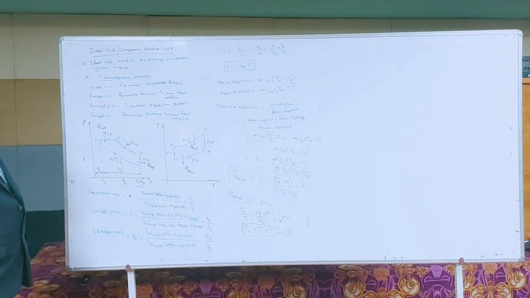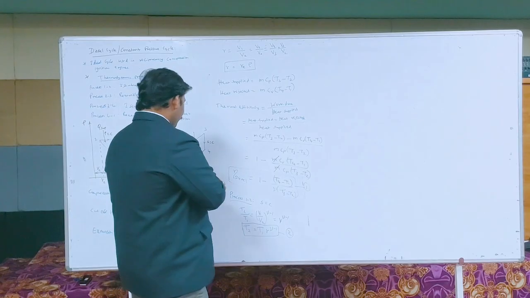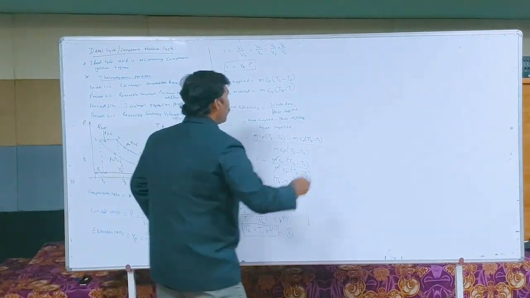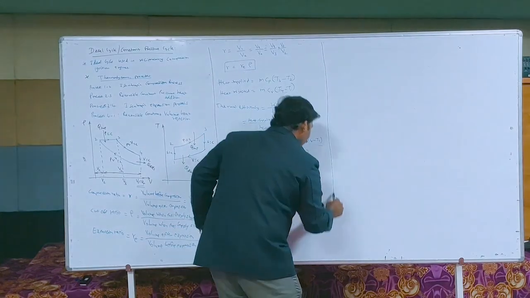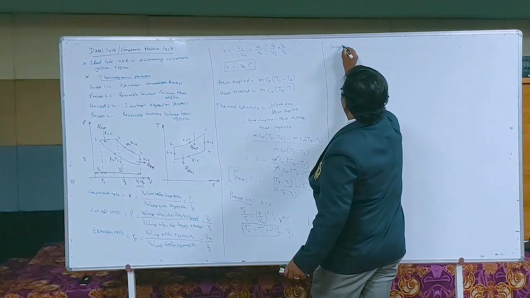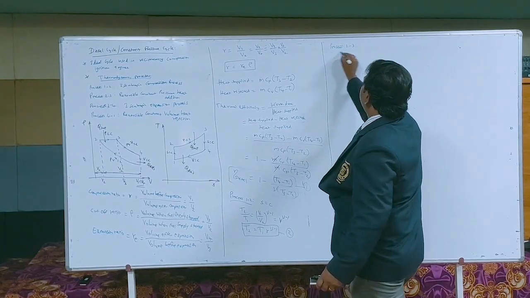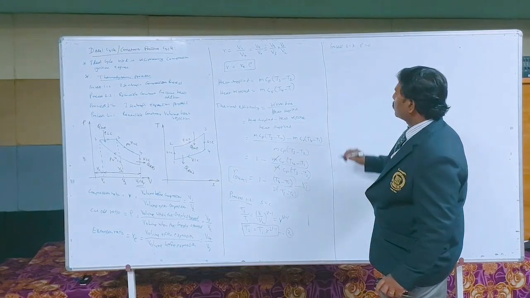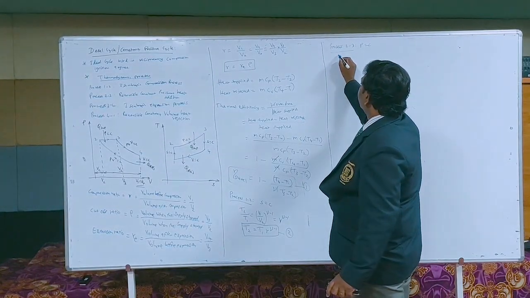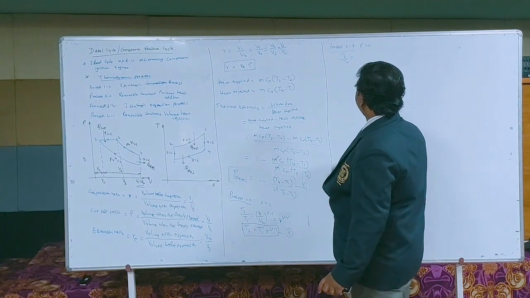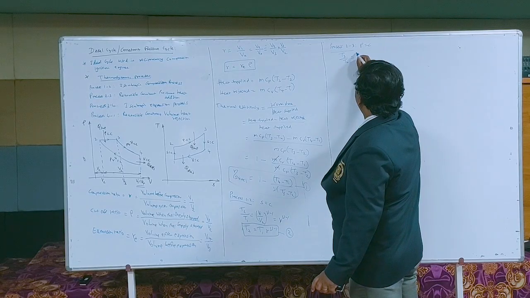Then we can write the expression for process 2 to 3. The process 2 to 3 is a constant pressure process. For a constant pressure process 2 to 3, we can write T3 by T2 is equal to V3 by V2.